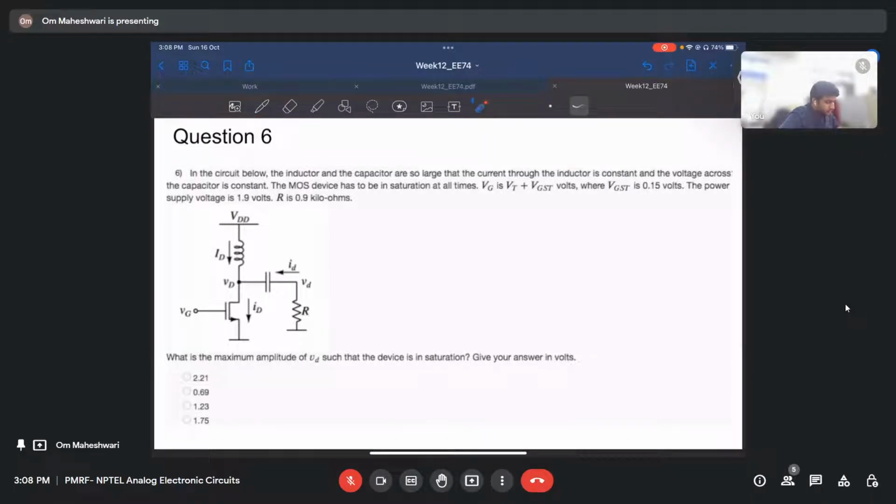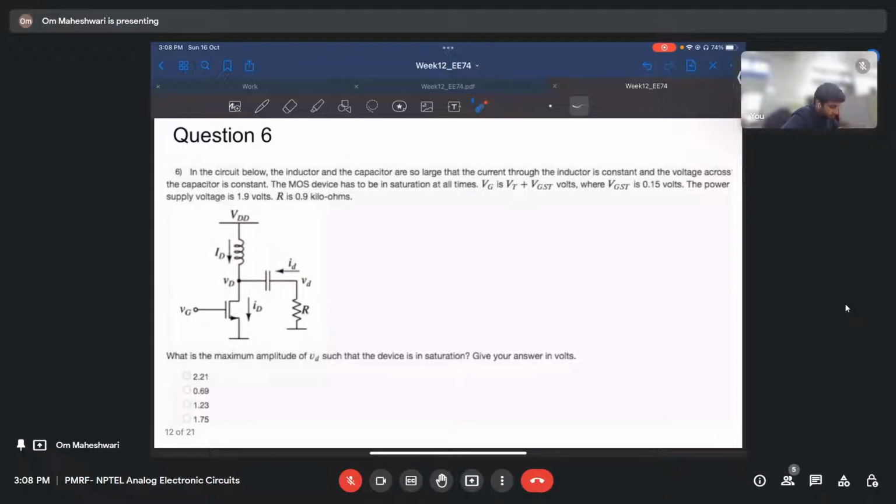In this question, they have said that we have an inductor and a capacitor connected in this circuit through this MOSFET and a load. The inductor and capacitor are large such that the current through the inductor is constant.